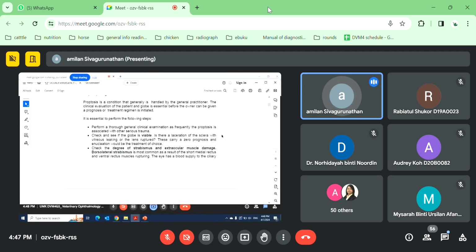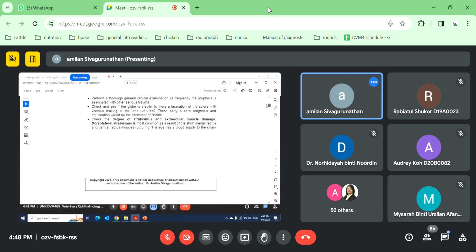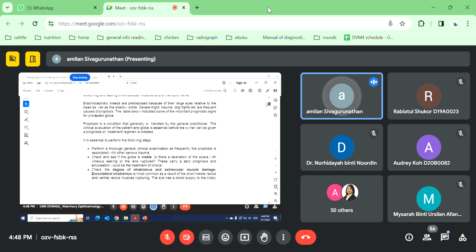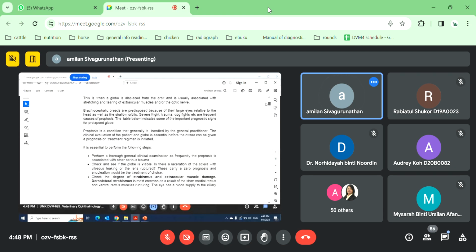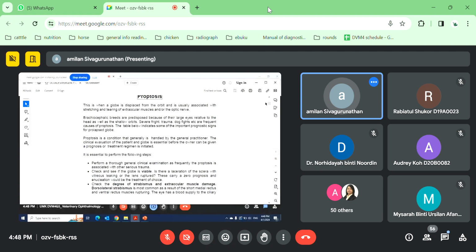So, in order for us to understand proptosis, we have to first understand the anatomy. Do I have slides here? No. So, generally with proptosis, the globe has been pushed over the socket, and I think I have a slide that better describes it.